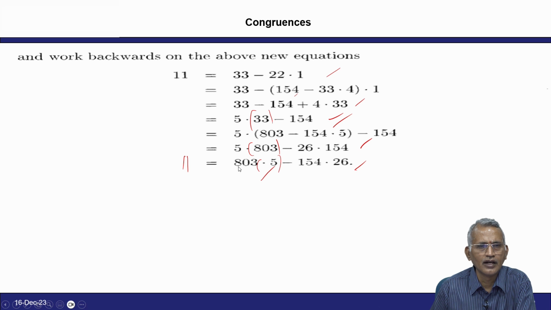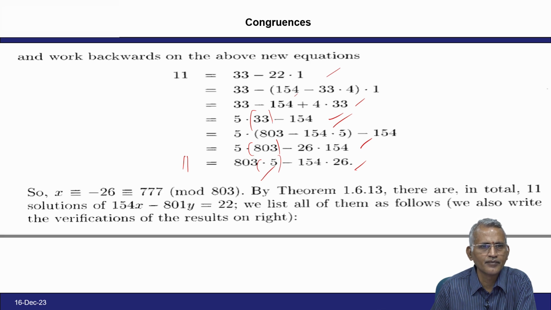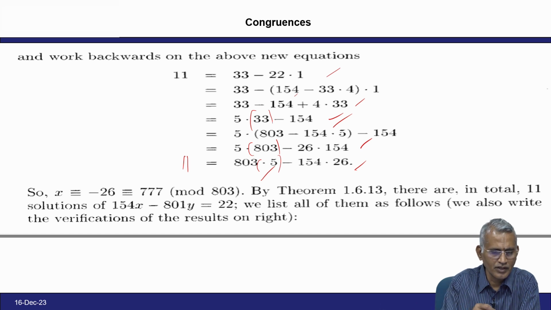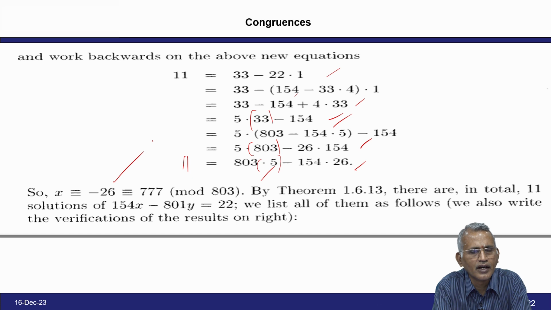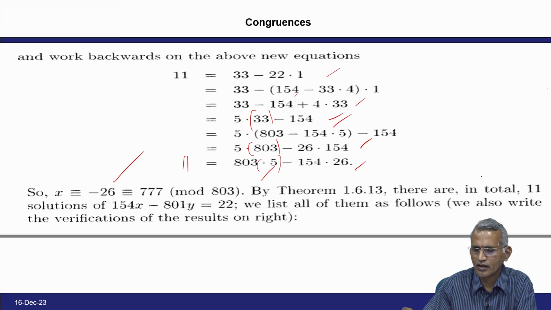So, the values of x and y are determined with the help of this equation: x equal to minus 26 and y equal to minus 5. Therefore, x is identically equal to minus 26, which is identically equal to 777 under modulo 803. By the theorem, there are in total 11 solutions of 154x minus 803y equal to 22.